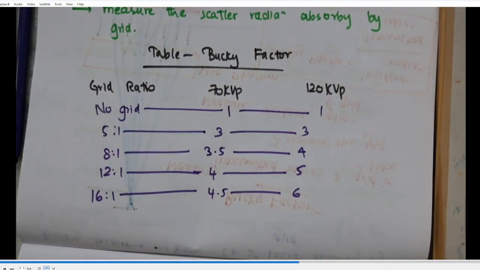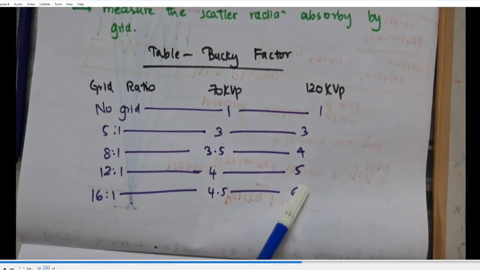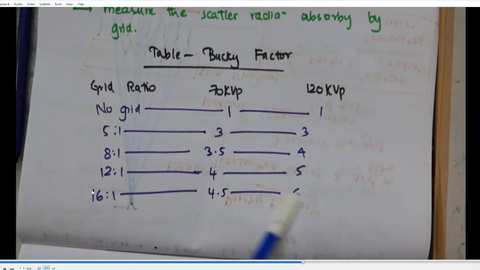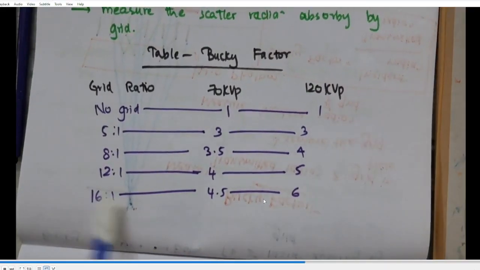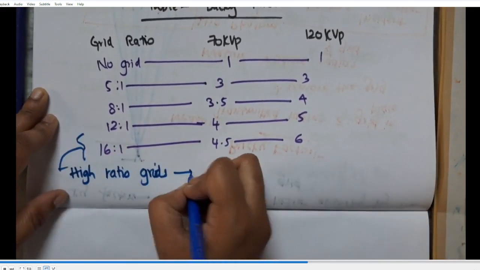This table shows the Bucky factor for different grids at two different energies, higher and lower kVp. If you see, higher ratio grids absorb more scatter radiation and thus have larger Bucky factors.